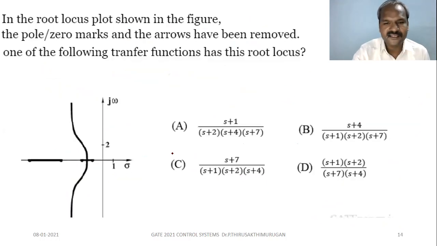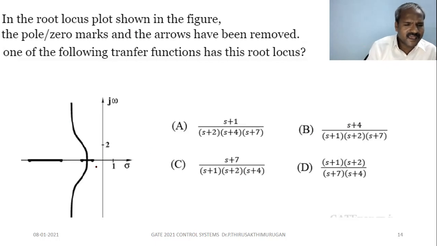Understand? So next question is, in the root locus plot shown in the figure, the pole zero marks and the arrows have been removed. One of the following transfer functions has this root locus. Can you tell me which transfer function suits this? Understand?